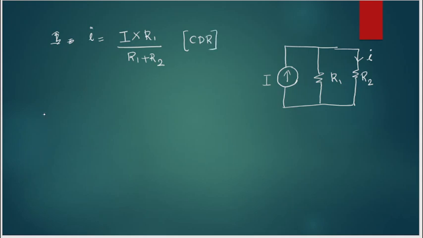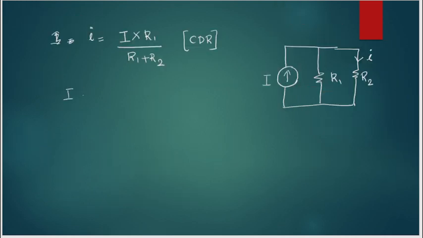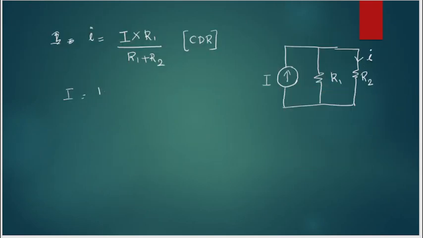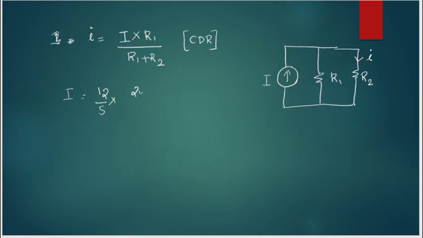Okay, now here we have to find this current I. So current I will be the total current. What is the total current? Here the total current is 12 by 5, 12 by 5 into, what is the other resistance? Here we have to find the current through 100 ohm, so we have to take the resistance 25 ohms in the numerator.